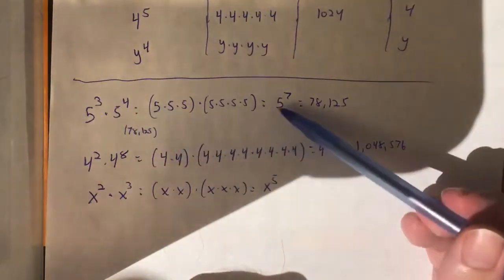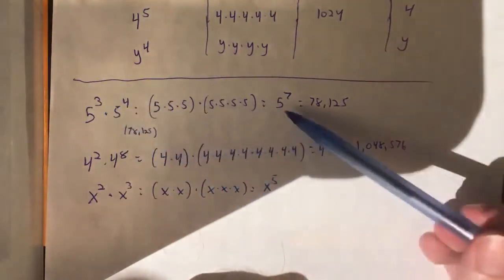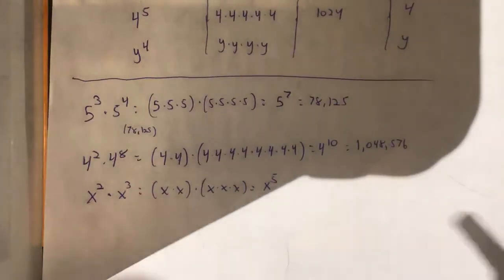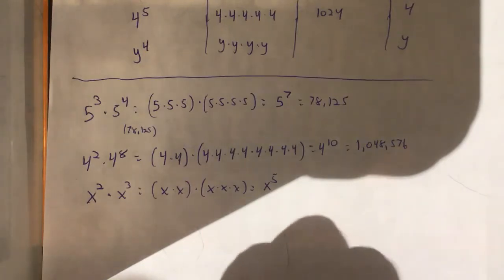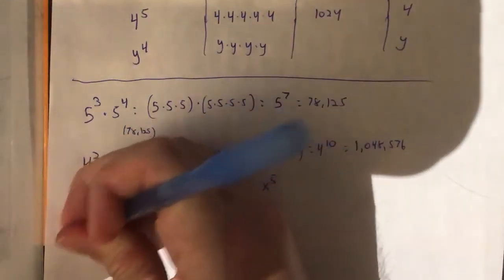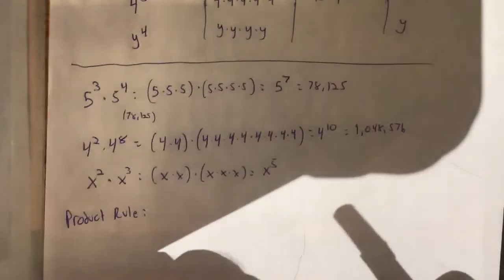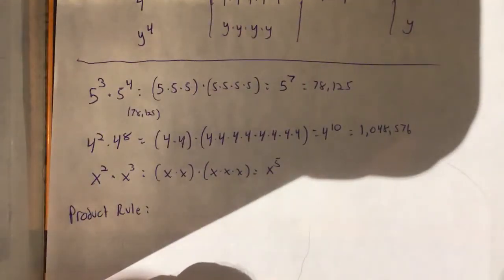Notice 3 and 4, if I add them together, 3 and 4 is 7, 2 and 8 is 10, and 2 and 3 is 5. So if you thought, oh, I'm going to add, yes, you come up with the rule. So this is my product rule. I'm going to write it out in words, and I'm going to write it out with the actual exponential form.